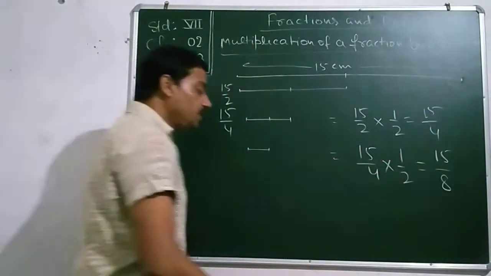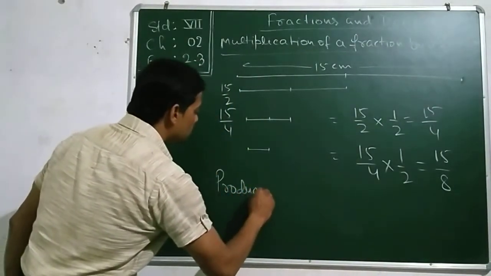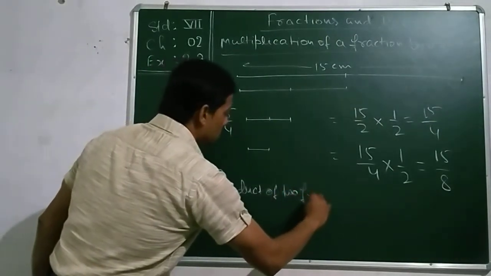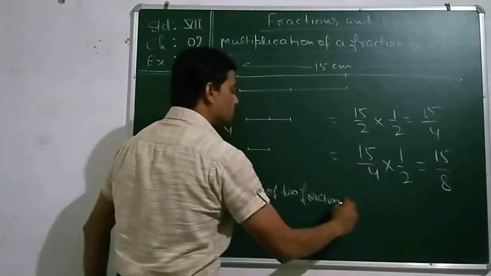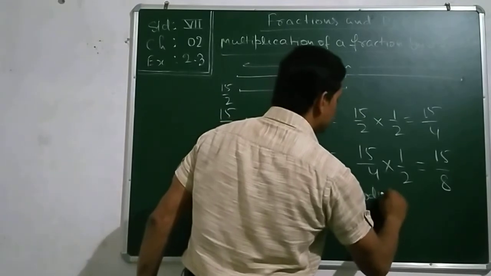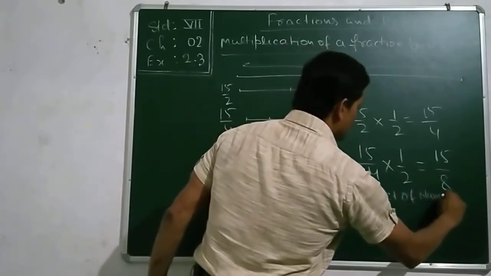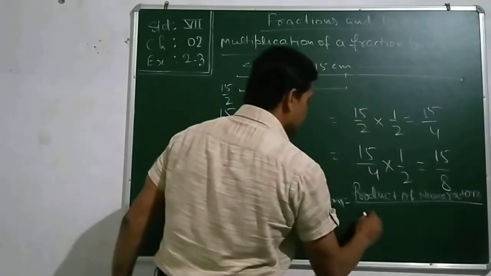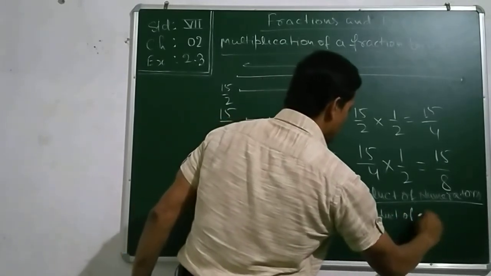If you go through it thoroughly, you will get the product of two fractions equal to the product of numerators by the product of denominators.